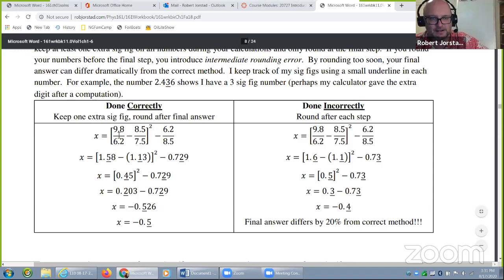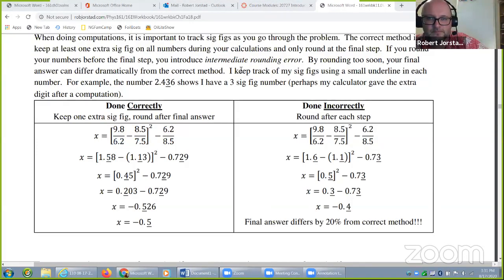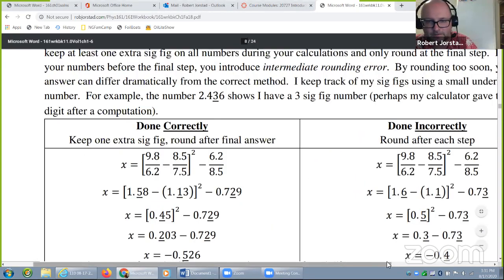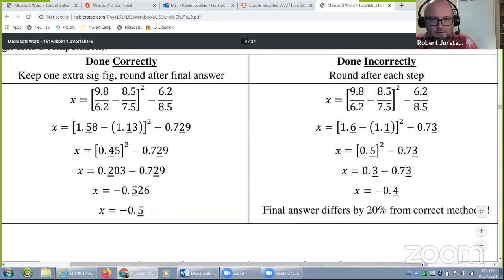And the idea here is I wrote out this math problem in 2 ways. And what I'm going to do is underline the sig figs. Right here, because I did a division, maybe I'll do it like this. Let's go a little bit bigger. Sorry, it's scrolling around. Okay, here we go.